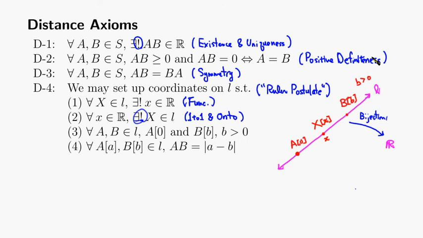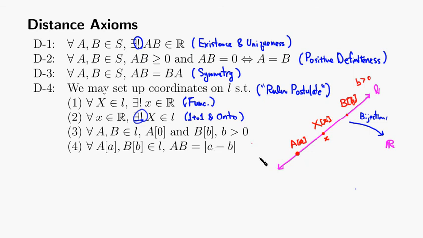And part 4: once you can set up the coordinates according to parts 1 through 3, then we know the distance. We can define the distance from A to B, or B to A, it doesn't matter, as the non-negative difference, the absolute value of the difference between the coordinates. Let's say A is going to have coordinate a, and B is going to have coordinate b.